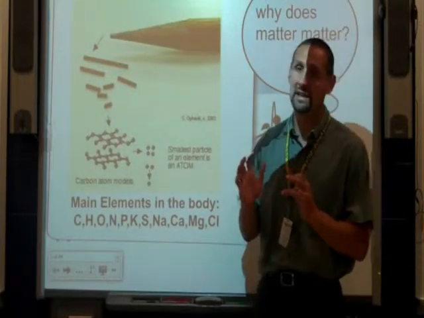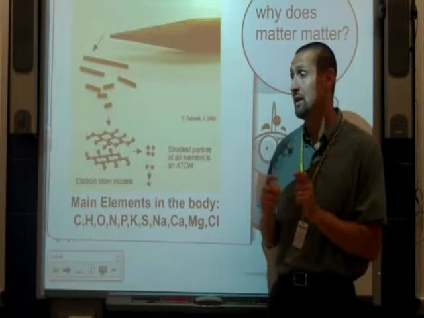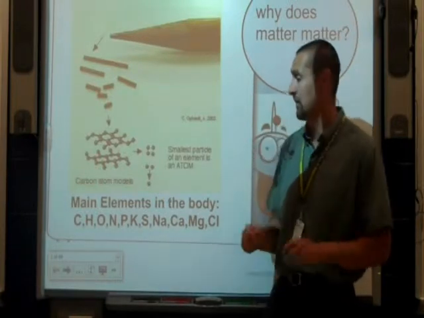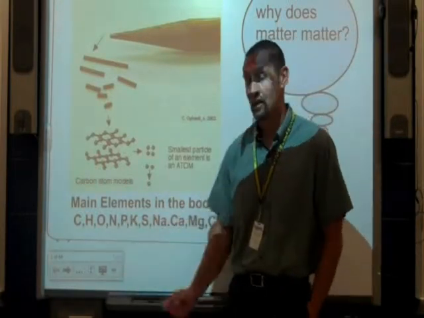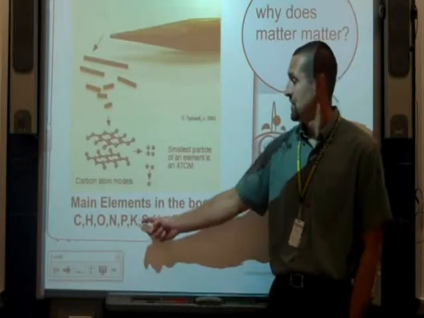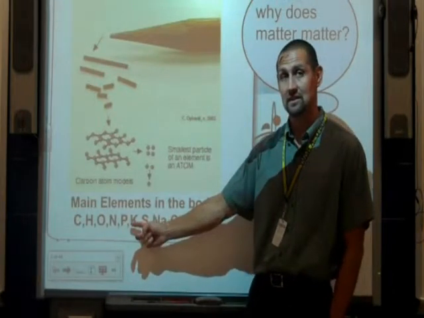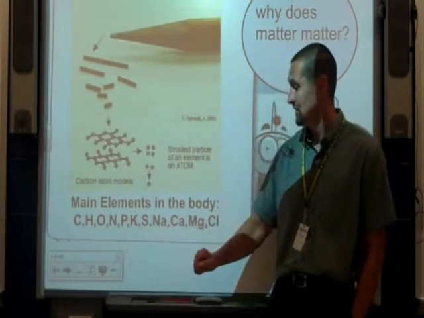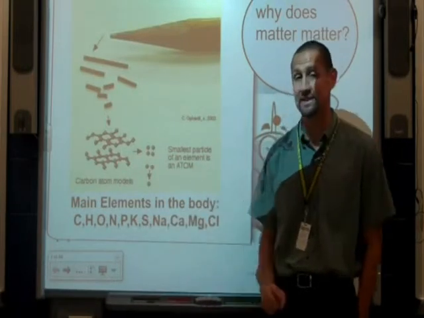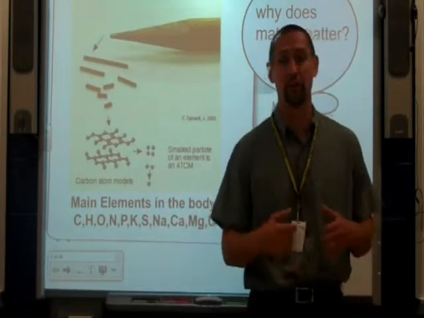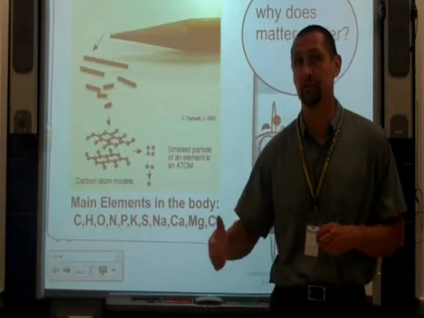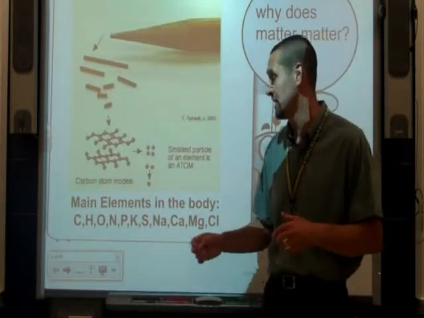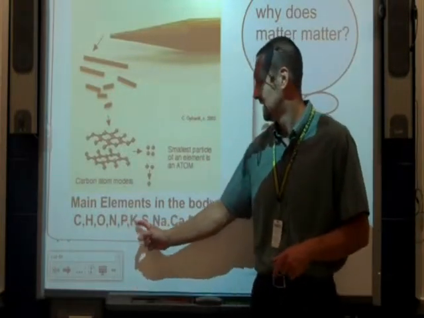Cells need lots of energy, and the chemical bonds in ATP are important for cells. K stands for potassium, so don't get confused with that. You need potassium for good muscle and nerve function. So for your muscles and your nerves to be functioning correctly, we need lots of potassium.